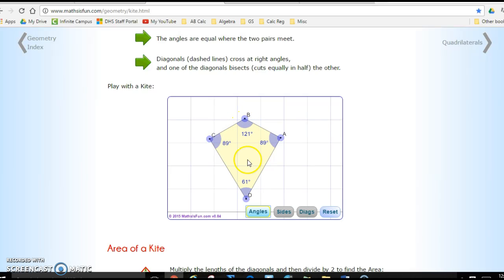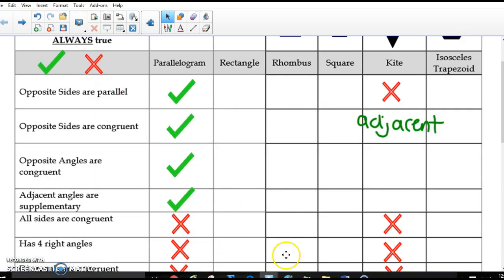What happens if you add these two together? What if you add these two together? Are they supplementary? Doesn't seem like it. So what's happening right now is we have two angles that are congruent. The other two, not only are they not congruent, they're also not even supplementary.